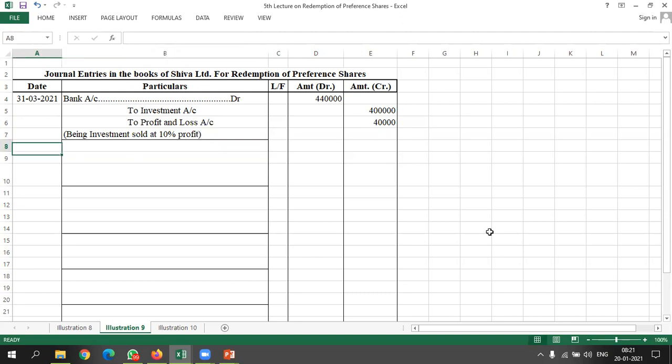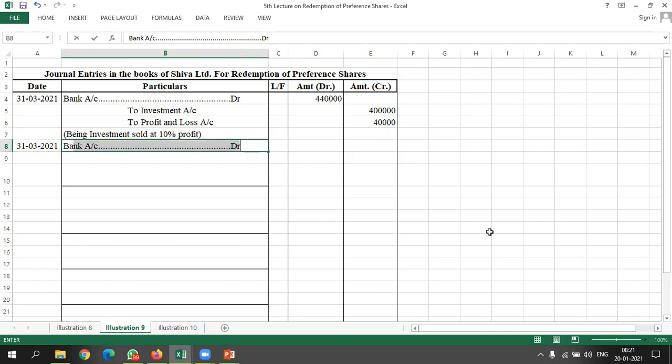Okay. Now next is issue of shares. Now we are issuing shares at par. So bank account debited to equity share capital account.